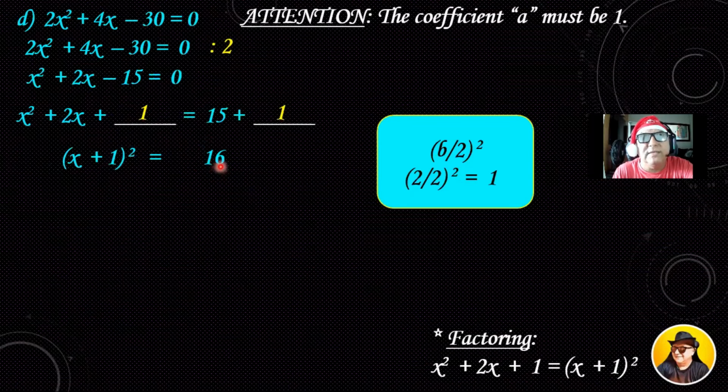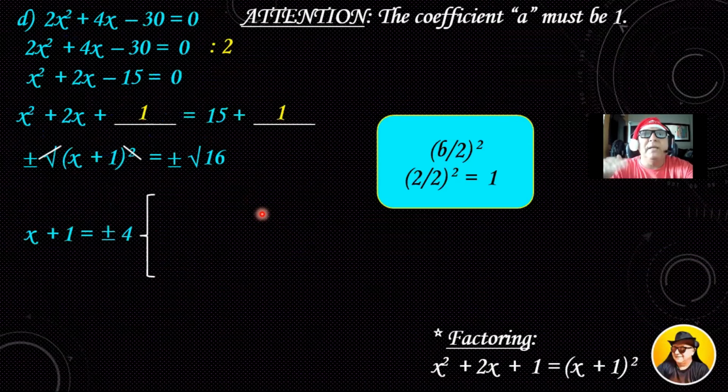And 15 plus 1 is 16. Now, we are going to take the square root on both sides of the equation, okay? So what remains? X plus 1, and what are the square roots of 16, sorry. Plus or minus 4, great. So it's done. Now, let's split up the square roots, plus 4 and minus 4.